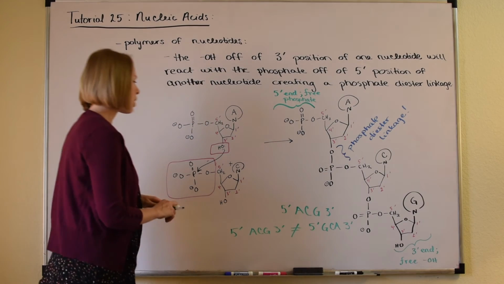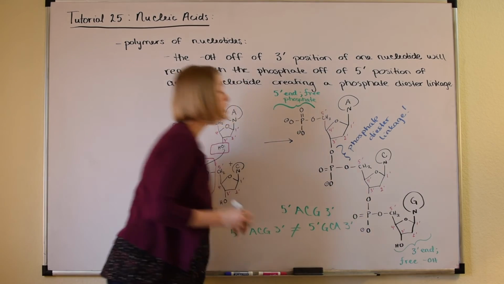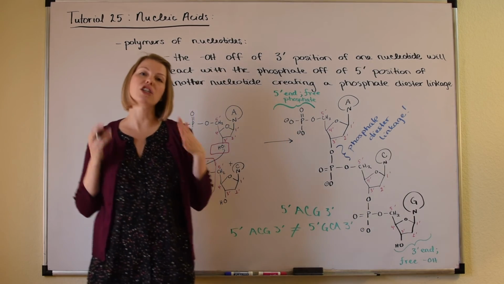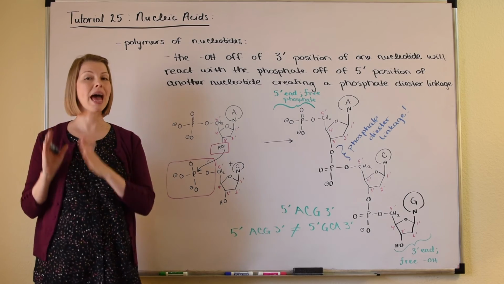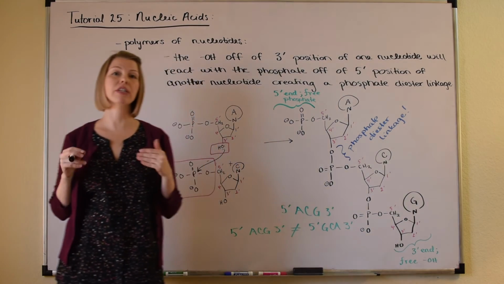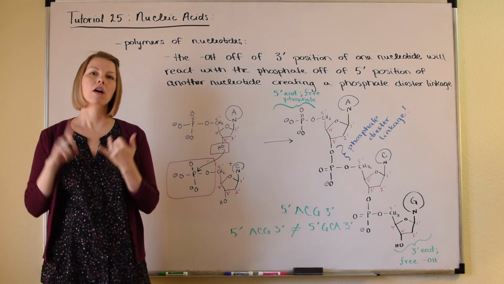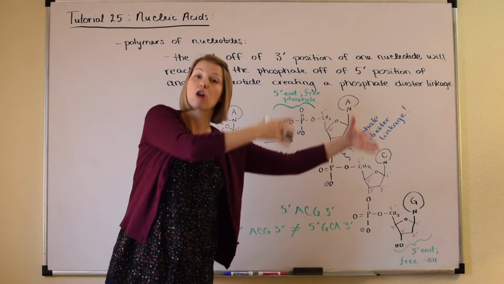All right, another thing I want to point out that is a similarity to proteins is that just as the proteins had a very repetitive backbone, you might remember that a protein's backbone is always carbonyl, carbon, nitrogen, carbonyl, carbon, nitrogen, carbonyl, carbon, nitrogen.